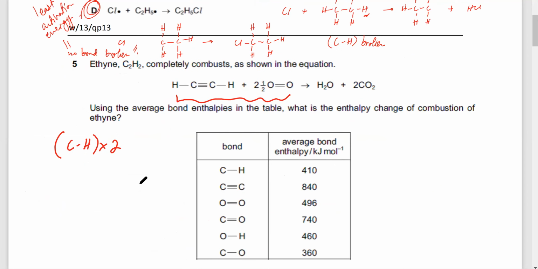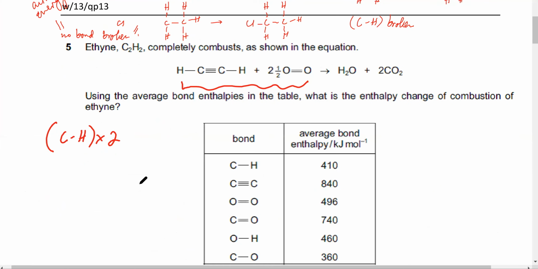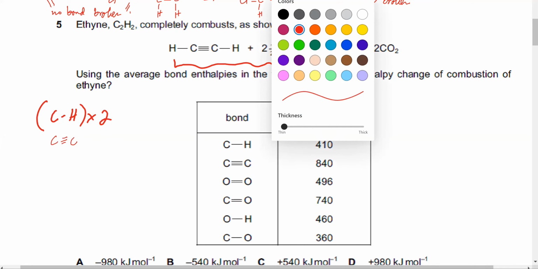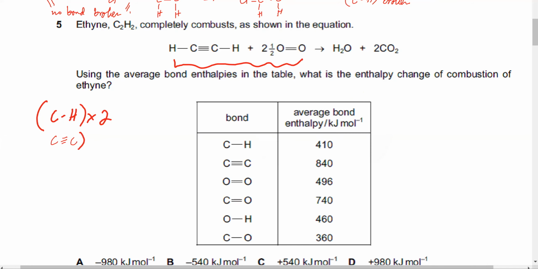Now coming back to this question, you have to figure out the enthalpy change of this reaction. So you have to be very careful in counting the bonds that would be broken. So break all the old bonds and then form all the new bonds. So carbon and hydrogen bonds, there are two of them. Then there's a carbon and carbon triple bond in the middle, and there's only one of them.